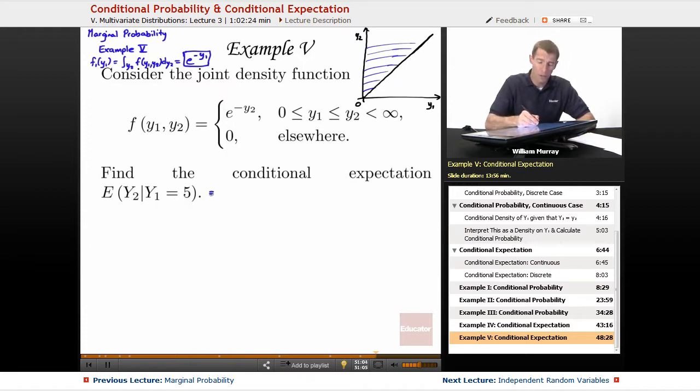We're going to use our formula for conditional expectation. Let me see if I can graph this quickly. Y1 is equal to 5, so I'll just arbitrarily say that that's 5. And so that means we're on the line y1 is equal to 5.